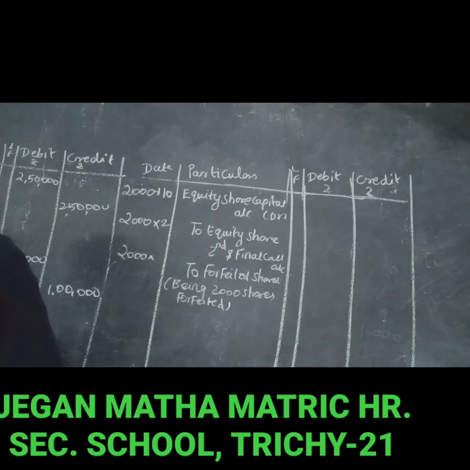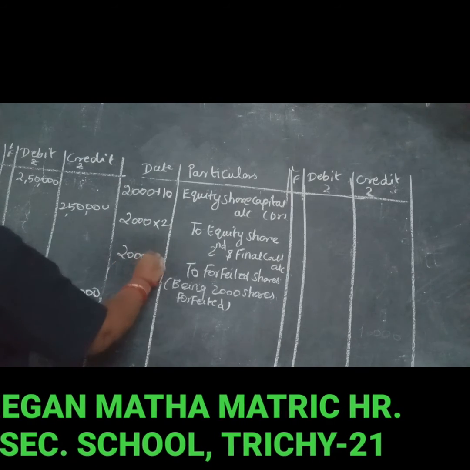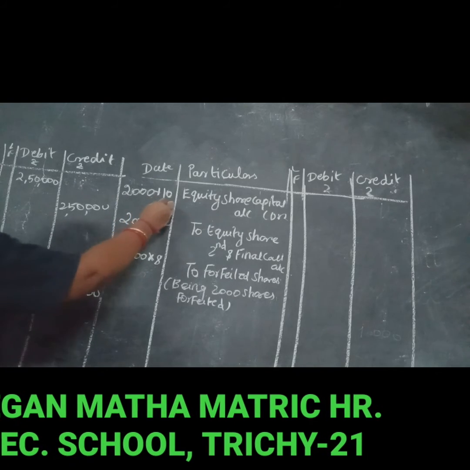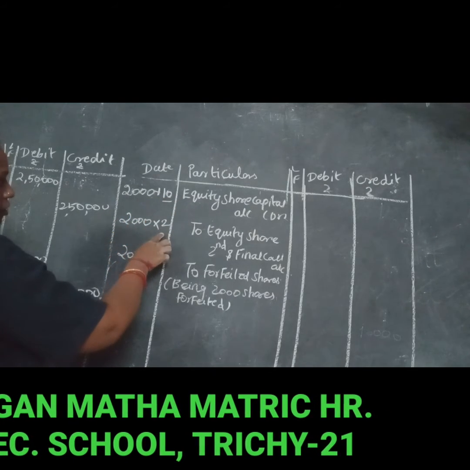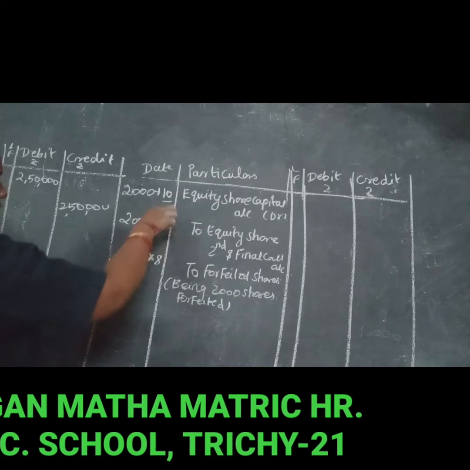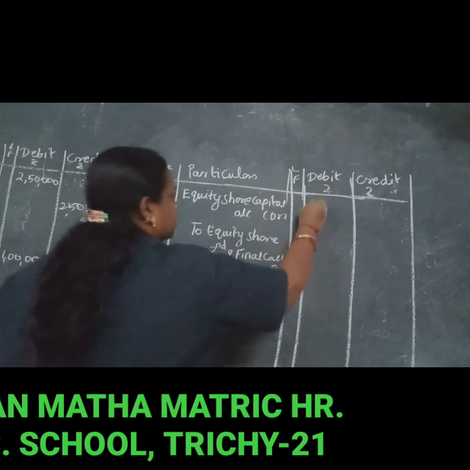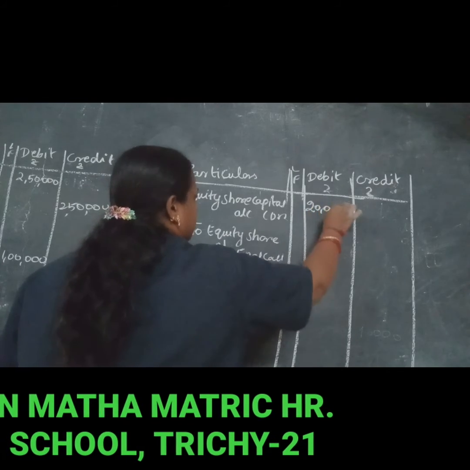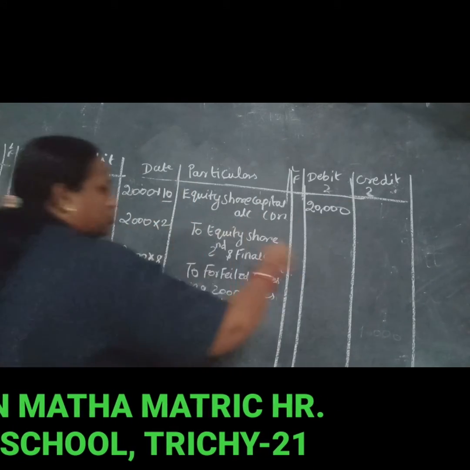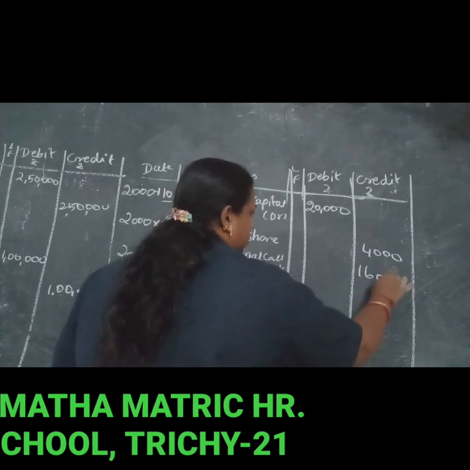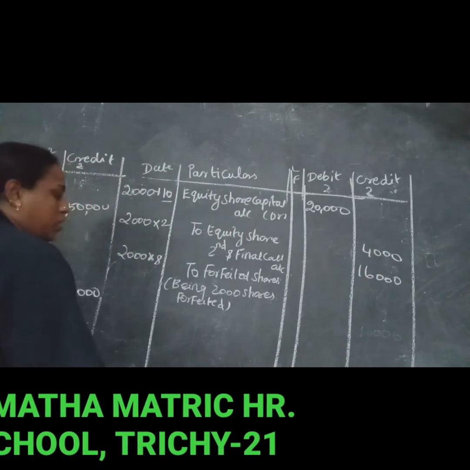So the remaining paid is 8 rupees. The total equity share is 10 and the non-payment of call money is 2 rupees, so 10 minus 2 is 8. So 2,000 into 10, 20,000. Then 2,000 into 2, 4,000. Then 16,000.